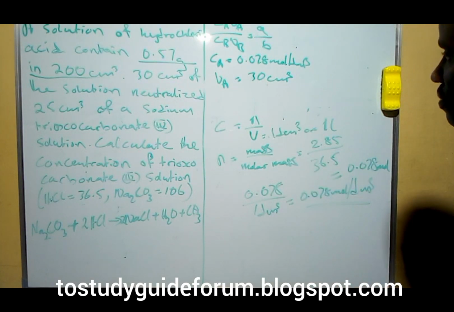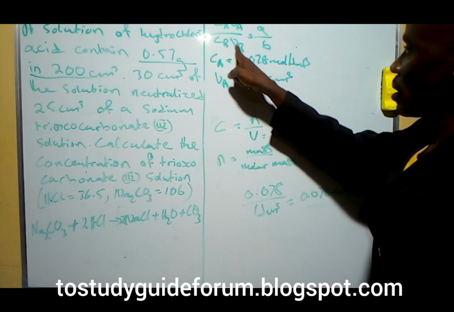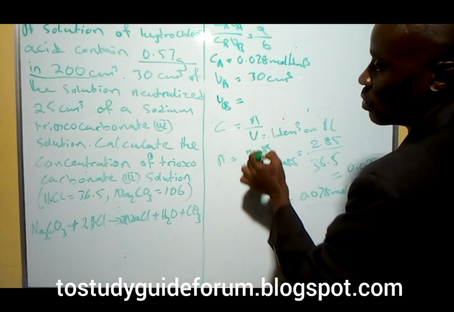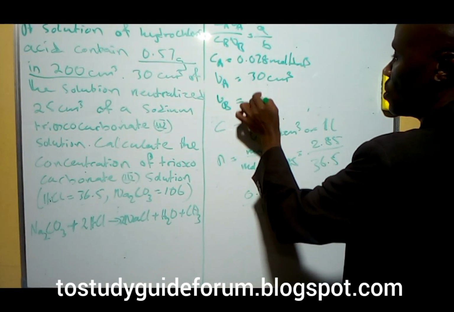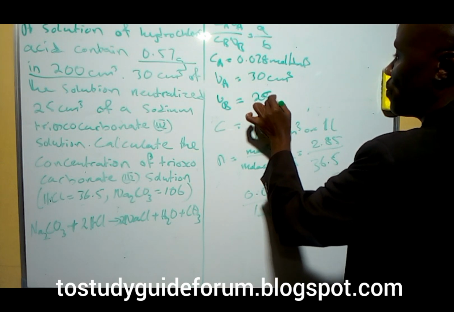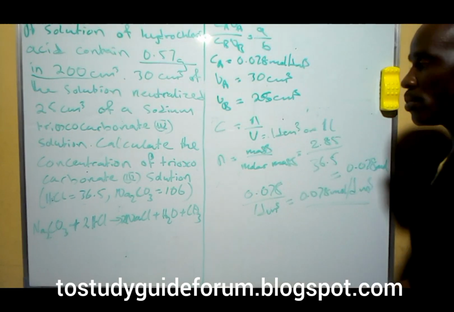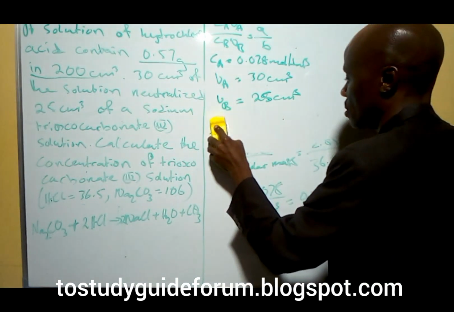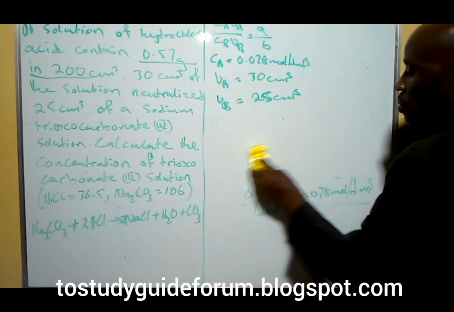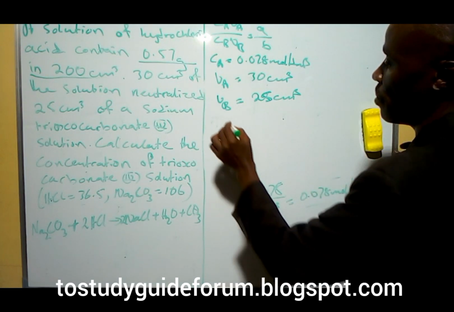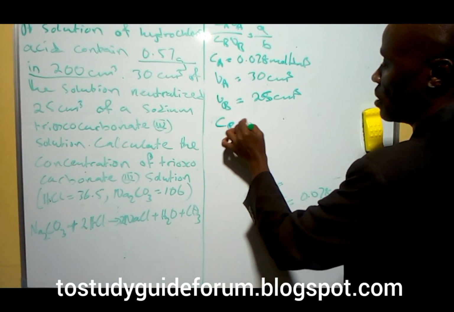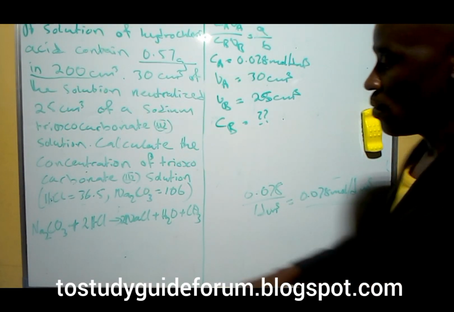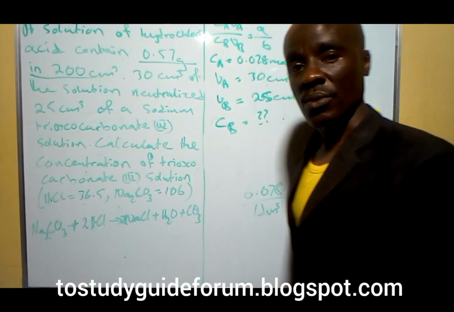The next thing we have is VB, which stands for the volume of the sodium trioxocarbonate, which is 25 cm cube. Now we're looking for the concentration of the trioxocarbonate. This one we are going to calculate, together with the ratio from our chemical equation.